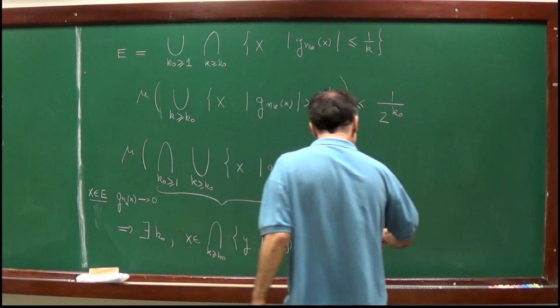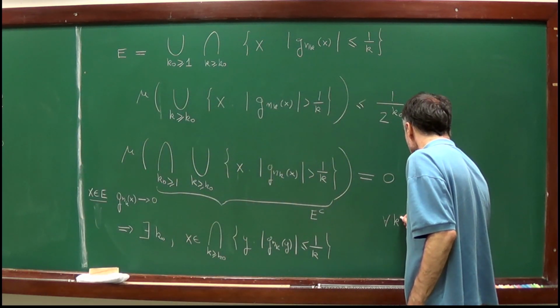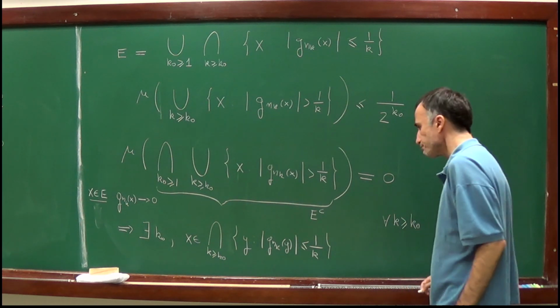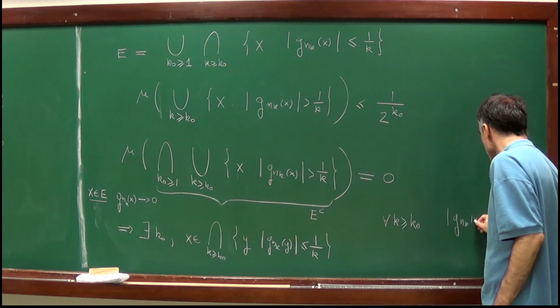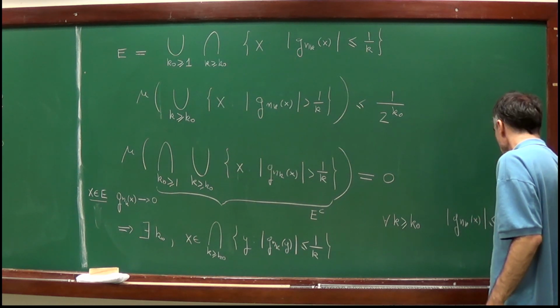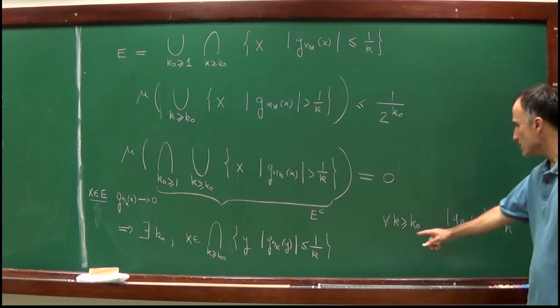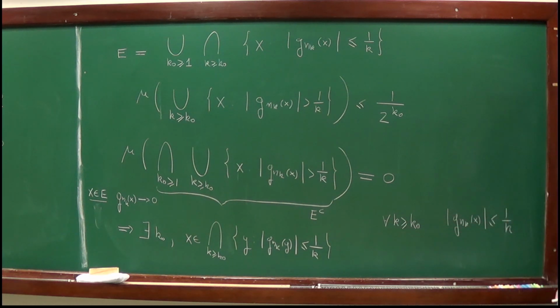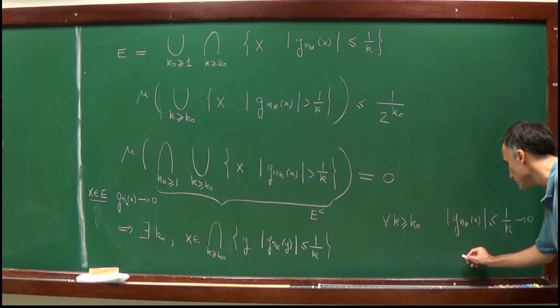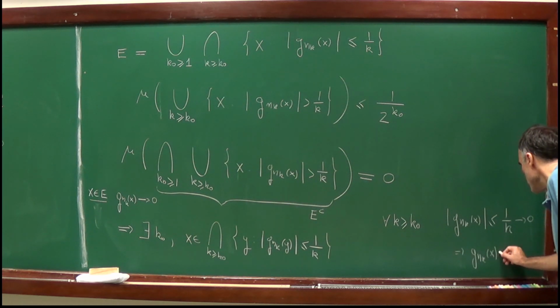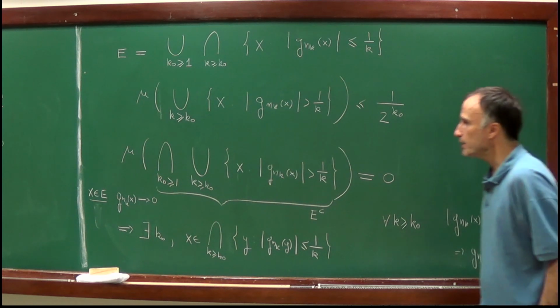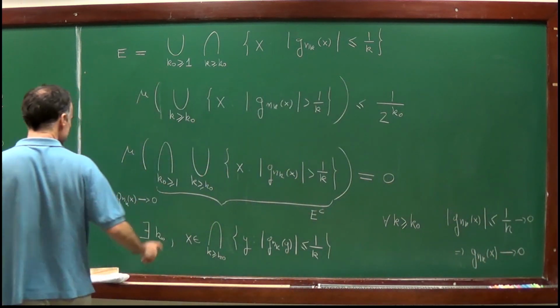So this means that for all k larger than k0, g_{n_k}(x) is bounded by 1 over k. And since this holds for all k larger than k0, and since this sequence converges to 0 as k converges to infinity, this means that g_{n_k}(x) indeed converges to 0. And this is exactly what we wanted to prove.